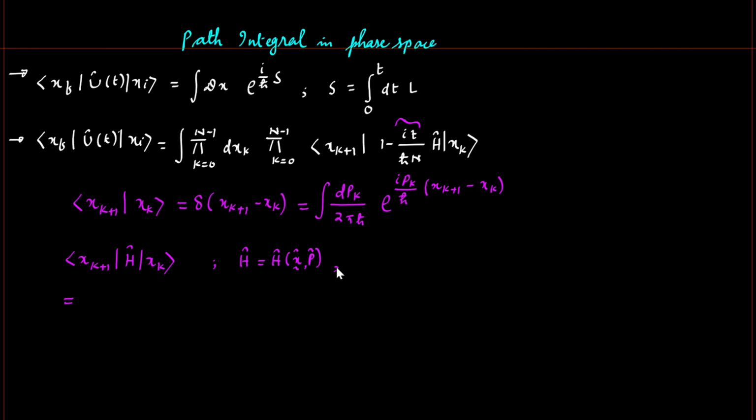We also know the momentum completeness equation, that is the integral of dp_k divided by 2πħ, |p_k⟩⟨p_k|, is equal to unity.